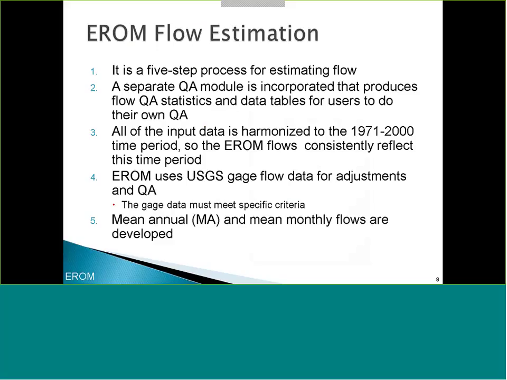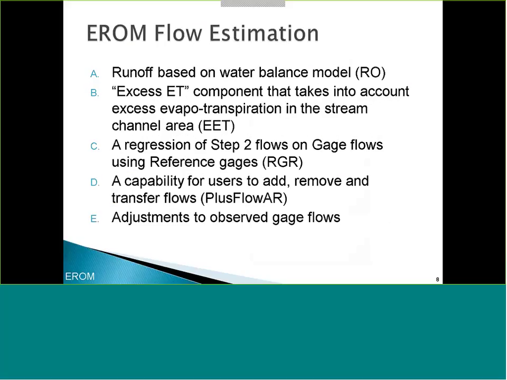We do mean annual flow, and we also do mean monthly flow with the EROM method. There's 5 steps. Now I'm lettering them A through E, and that's because in the data table, the flows are lettered rather than numbers. So you have Q_E or Q_A rather than 1 through 5.